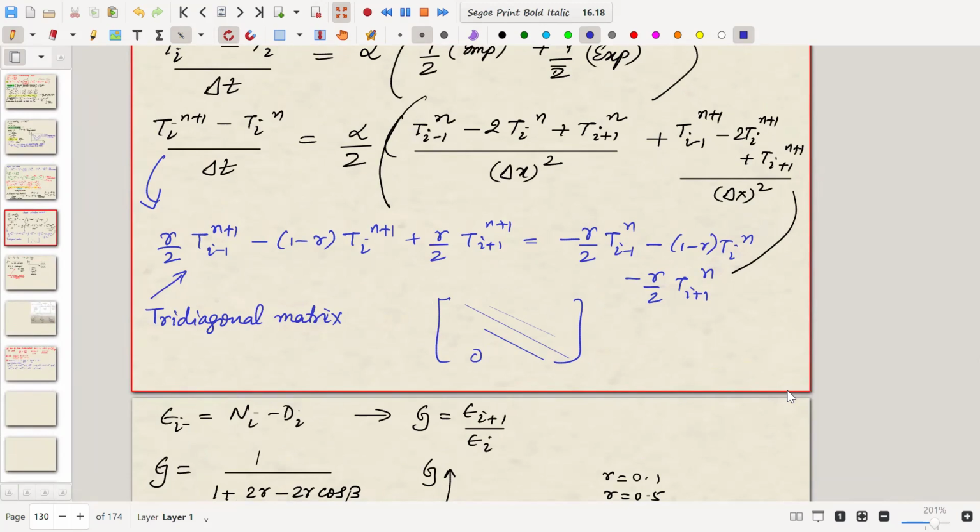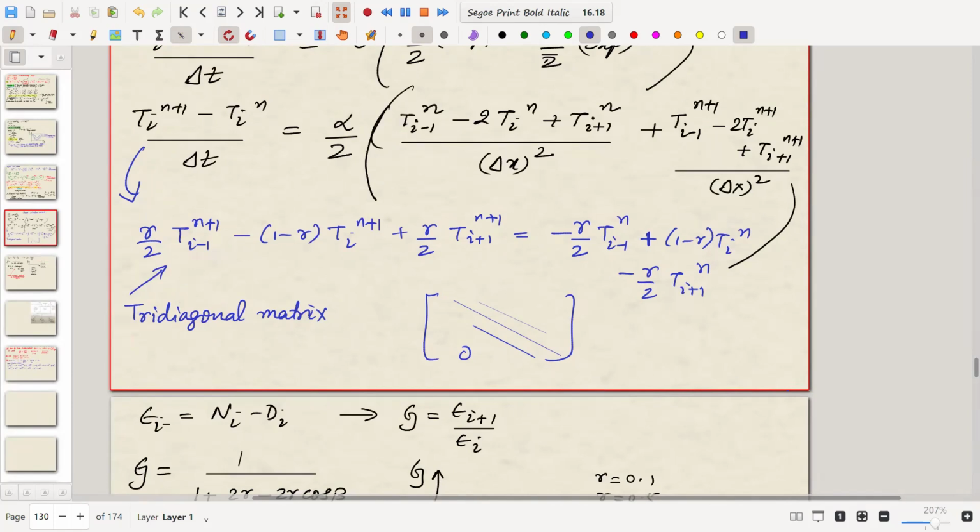Where mistake is there? This one. Okay, is it correct? Plus 1 minus r times u(i, n). Other places it is okay?